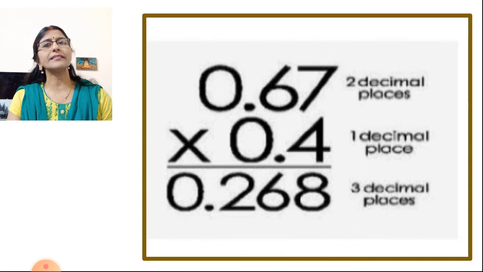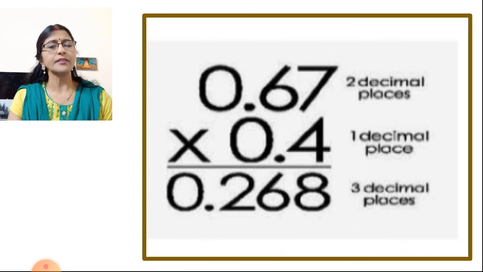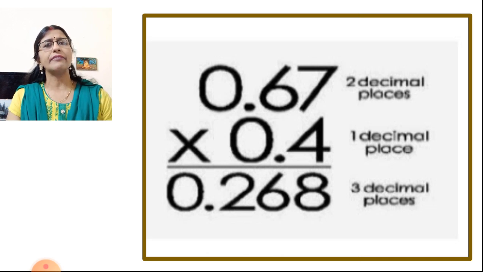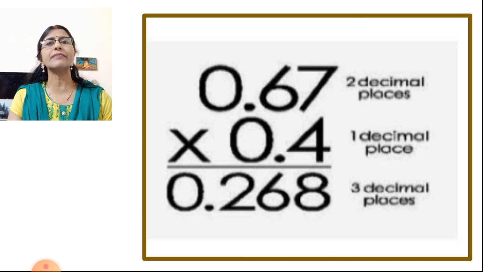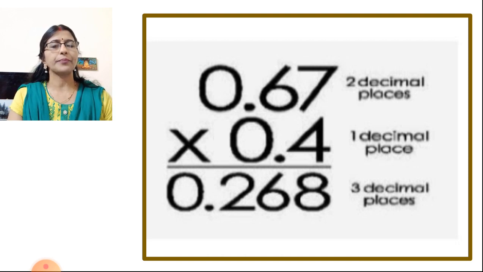Let us take another example: 0.67 multiplied by 0.4. We will not first count the decimal places and all. We will just see the numbers as whole numbers. So 67 will be multiplied by 4. So let us do that. First we'll multiply 67 by 4. 7 fours are, or 4 sevens are 28.